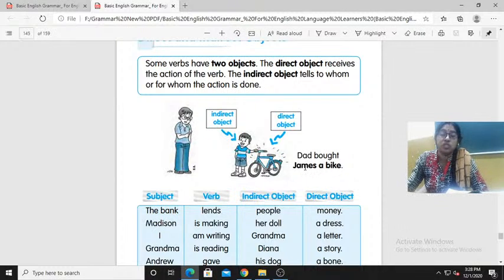Of course, James. So James will be the indirect object and bike will be the direct object. Just remember this one: the direct object receives the action of the verb. Always remember this. Clear to you?